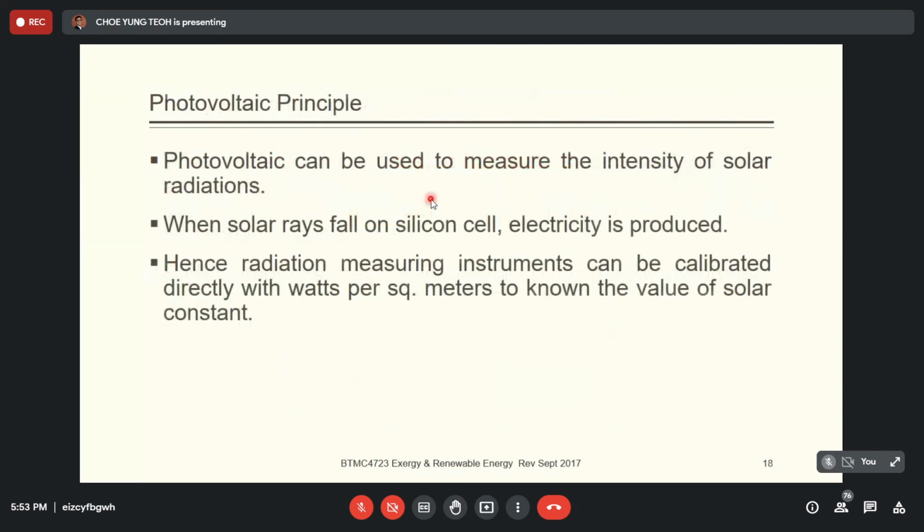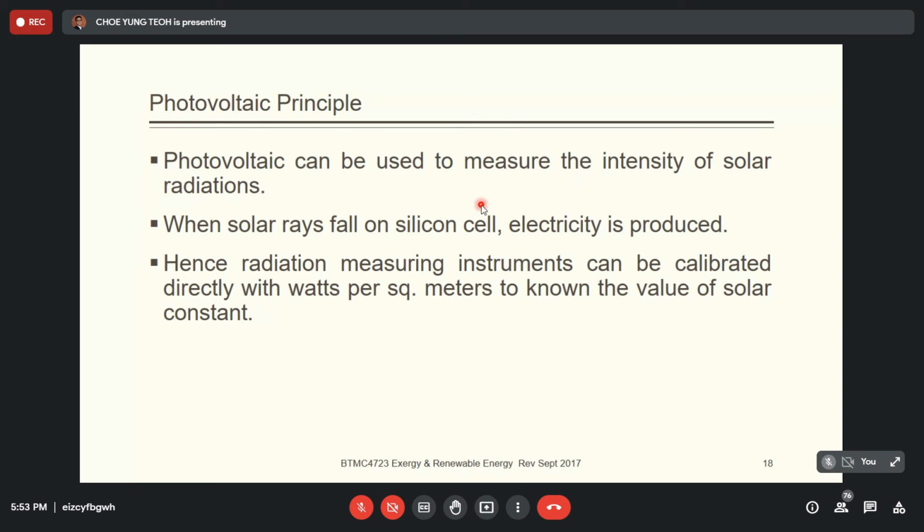Second method is the photovoltaic principle. This one, I think everyone of you is clear about. We have sunlight, it will generate electricity. The more the sunlight, the higher the electricity that is produced. Photovoltaics can be used to measure the intensity of the solar radiation. When solar rays fall on the silicon cell, which is the main material for photovoltaic panels.